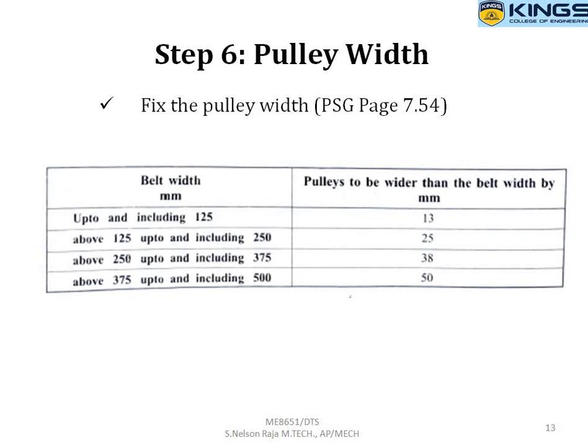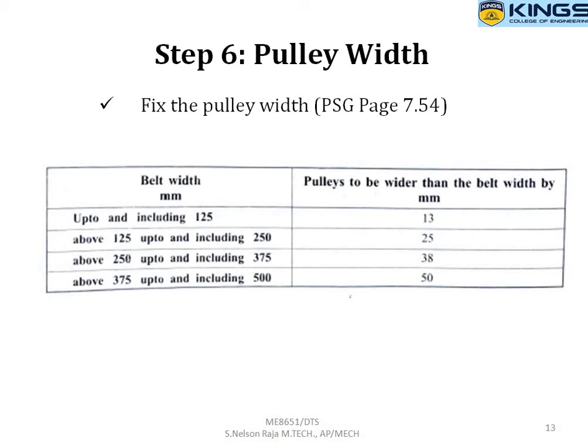And in step 6, we have to find the pulley width. When you refer to PSG page number 7.54, this table will be available. For the standard belt width, the first condition is up to and including 125, so the pulley width is 13 mm. The second condition is above 125 mm up to and including 250 mm, where the pulley width is 25 mm.